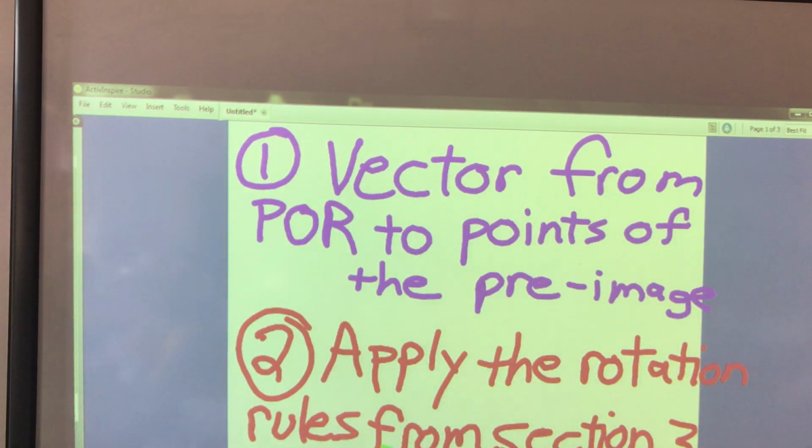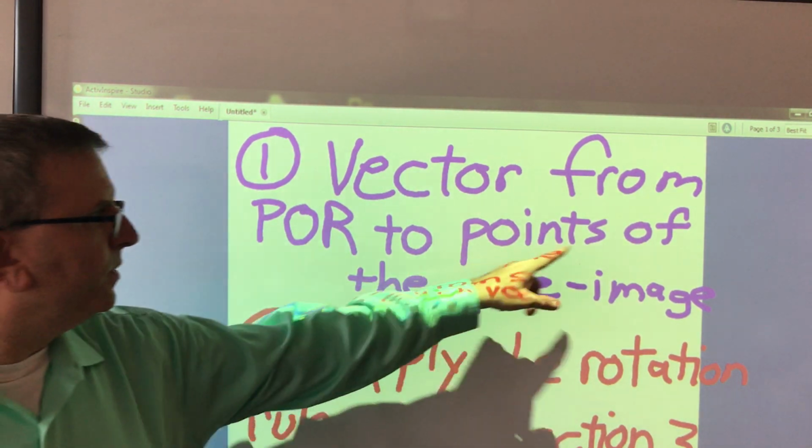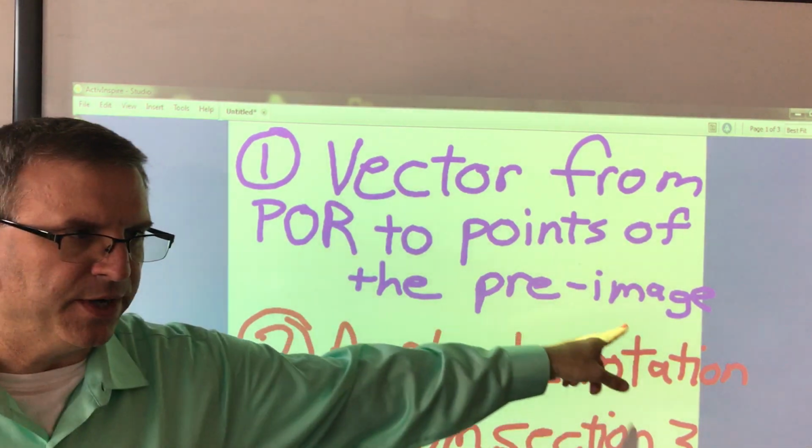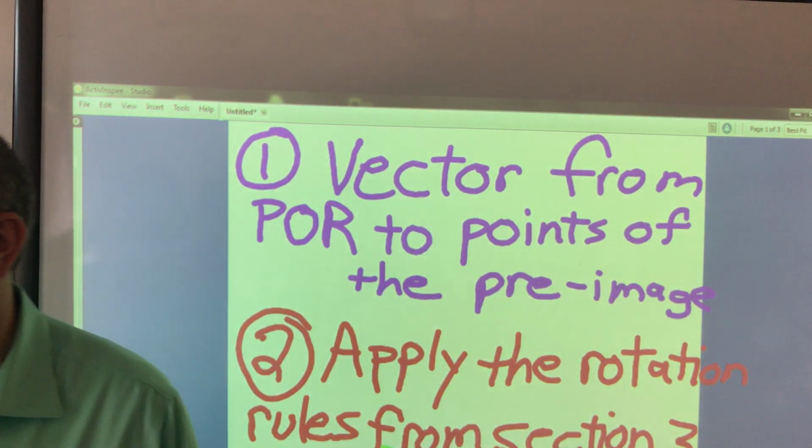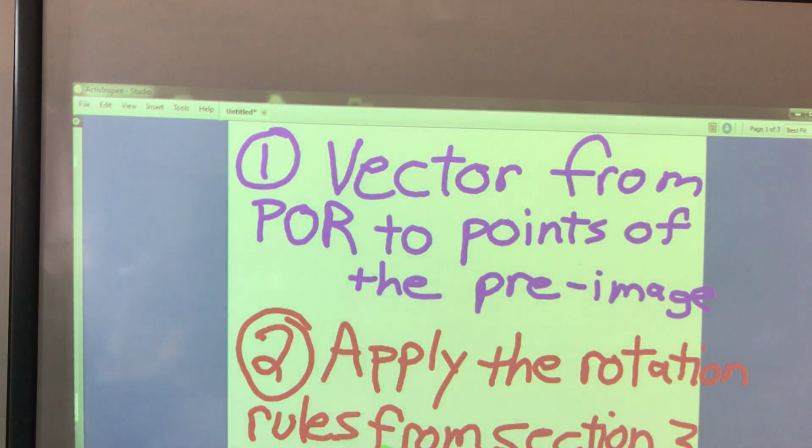Step 1, create a vector from the point of rotation (POR) to the points of the pre-image.